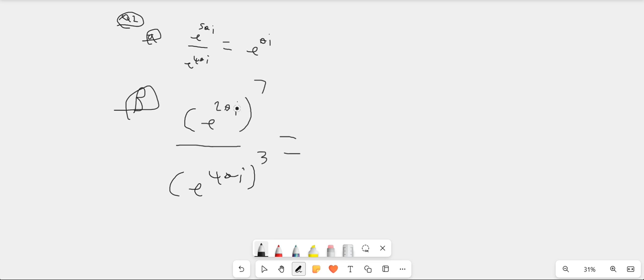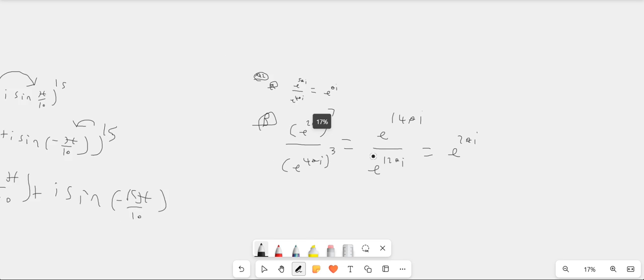When you have exponentials, indices, in a bracket like that, you multiply them, so it becomes e to the power of 14 theta i over e to the power of 12 theta i. 14 minus 12 is 2, so e to the power of 2 theta i is the final answer. Do you see what occurred there? Alright, calm.